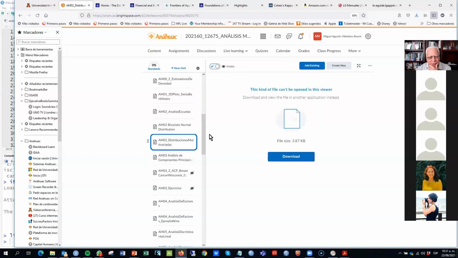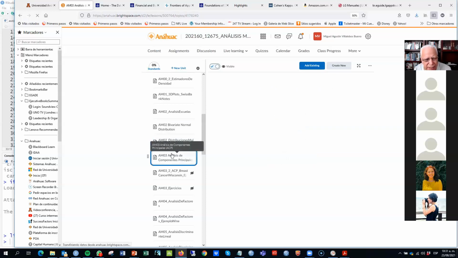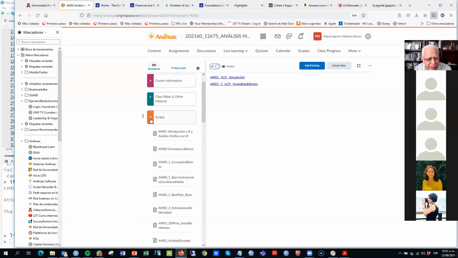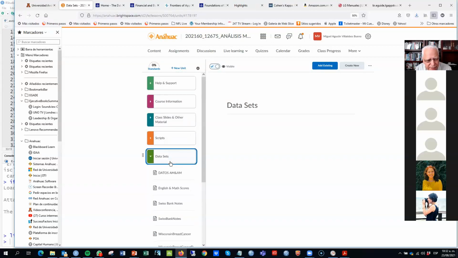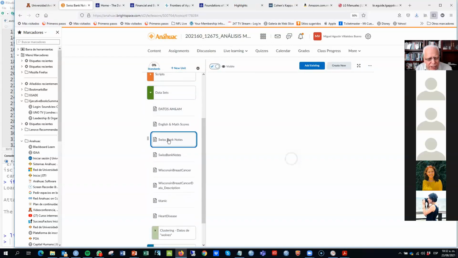But where is the data of the Swiss banknotes? I thought you already downloaded that, but that's in the section of data sets. Oh, okay, here it is, Swiss banknotes. Thank you.